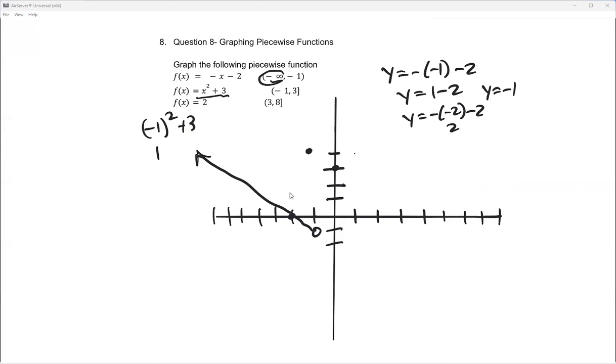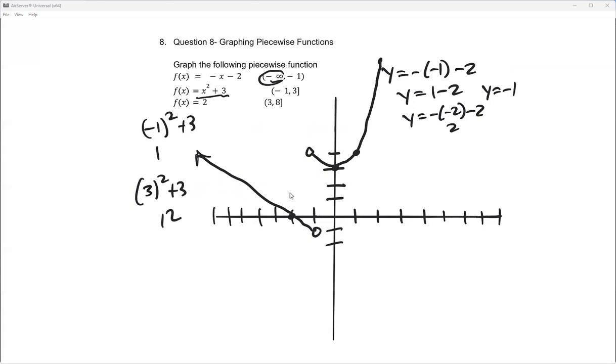So 1, 4 would also be another point. And then if you plug in 3, 3 squared is 9 plus 3 is 12. So you go up this way. So it should look something like this. This should be an open circle, this should be the open circle, but everything else is good.